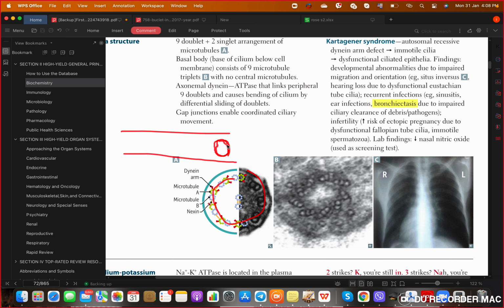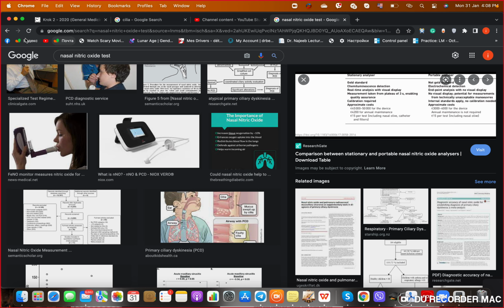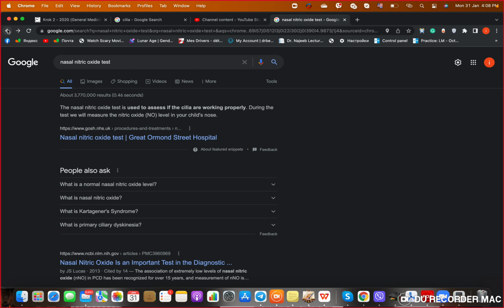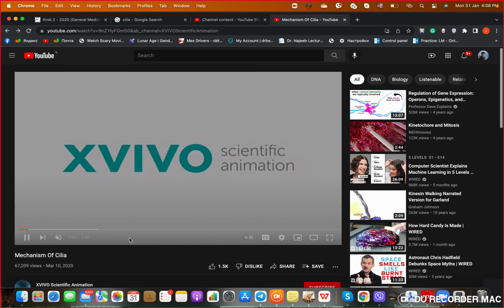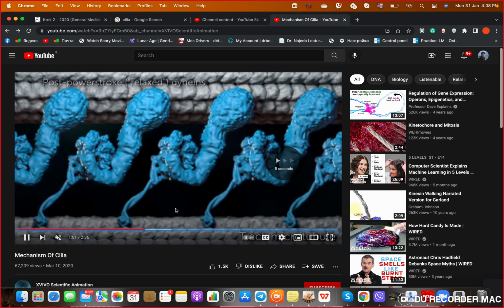So the sliding movement makes the upper sheath go back and forth, which leads to a movement, as I showed you in the animation. Doctor, but the upper sheath, is it the actin or the actin filament? I'm not sure what it is made out of.